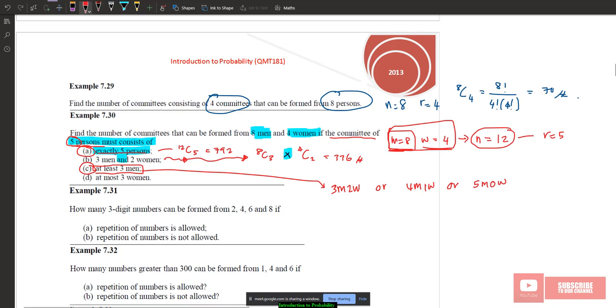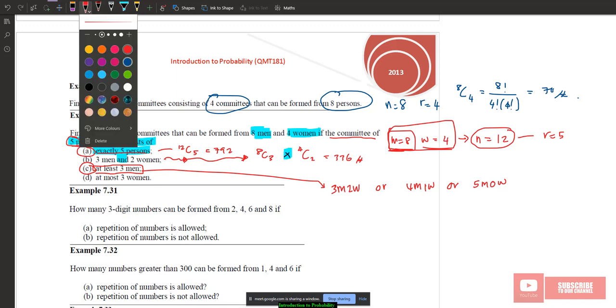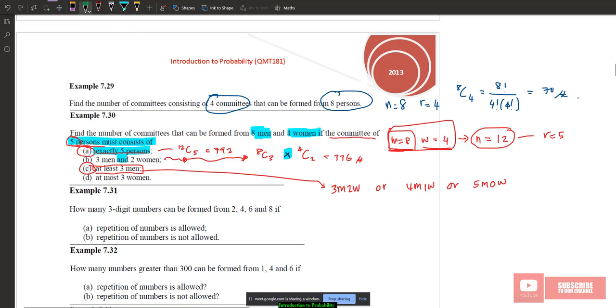Now, let me use another color. So let's say use green. 3 men and 2 women means 8 choose 3 multiply with 4 choose 2. Very clear.